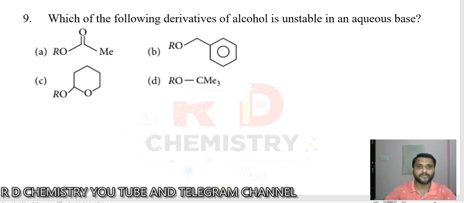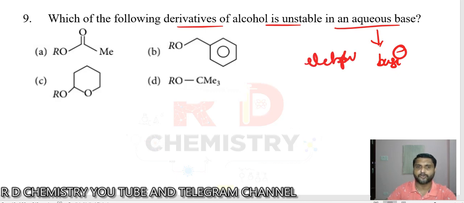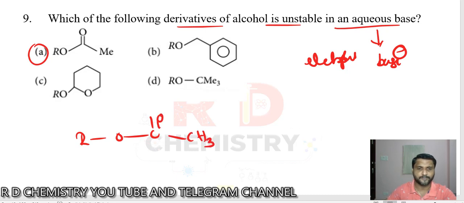Question number 9. Which of the following derivatives is unstable in aqueous base? In aqueous base, there is a negative charge. You always look for the electrophilic center, which is the more electrophilic center. Now, if you see the first option, R-C double bond O with OCH3.